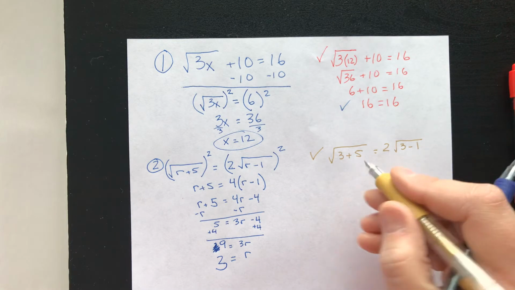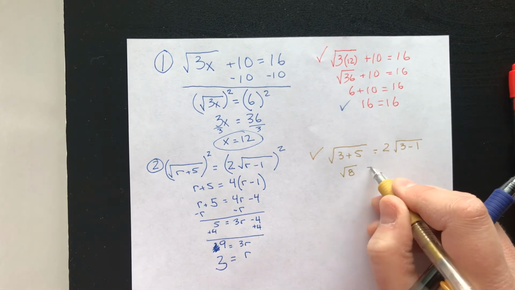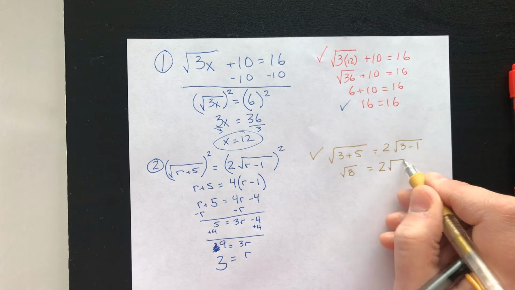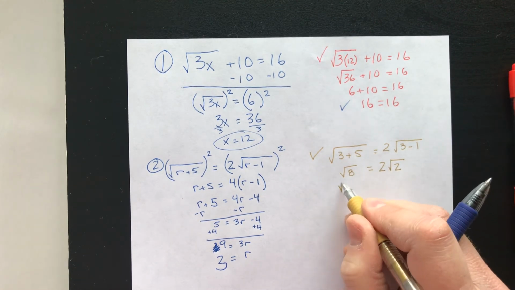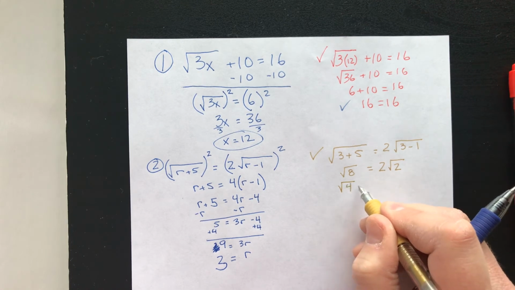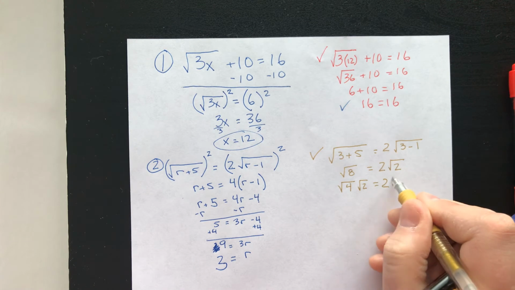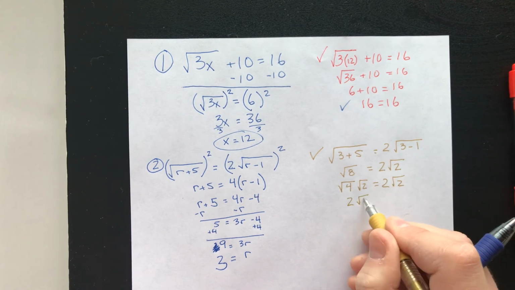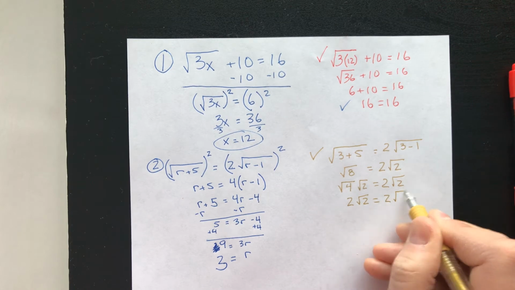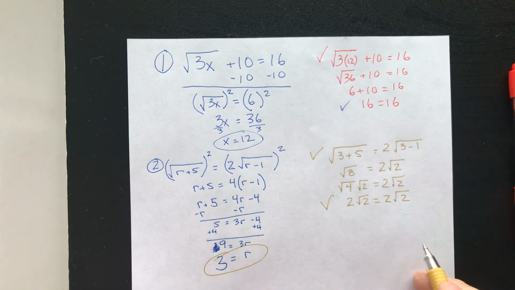So this is the square root of 8. This is equal to 2 times the square root of 2. And this can be broken down. This is actually equal to the square root of 4 times 2. So the square root of 4 is 2. This works. So 3 is your answer.